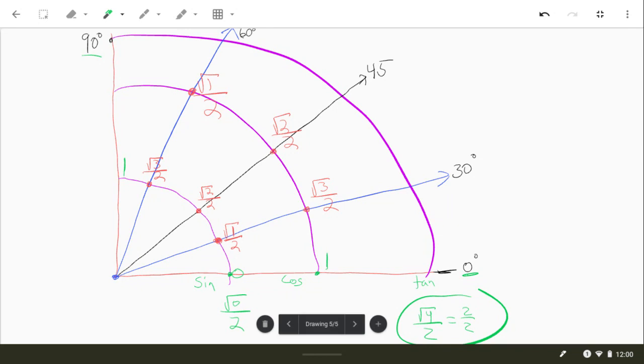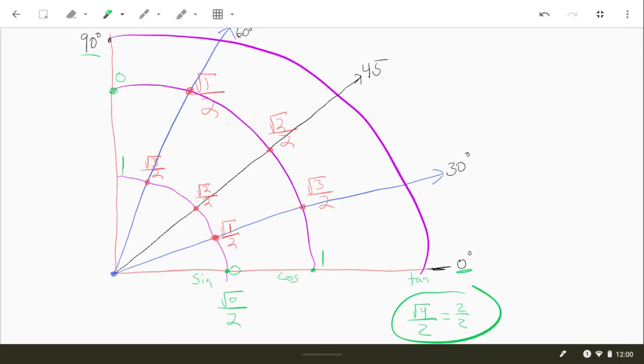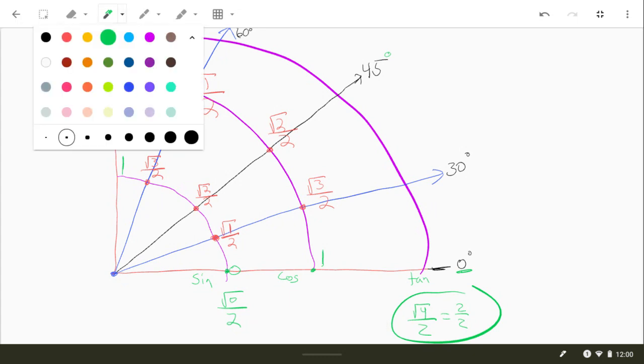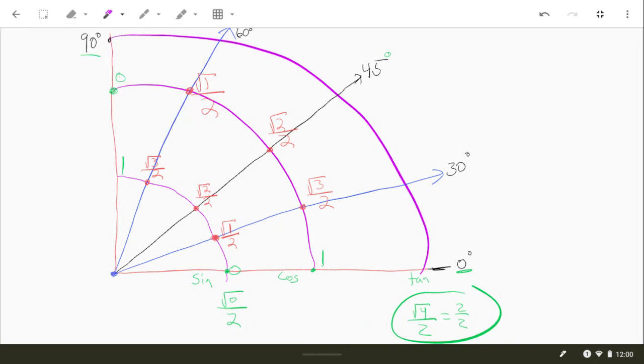Cosine of 90 is going to be 0. So that's what I mean by you're sort of memorizing them, but it helps to see them where they are on this chart. The next definition for how we look at these is really going to help you. You're not really going to memorize them; it's going to be more clear why these answers are the way they are.